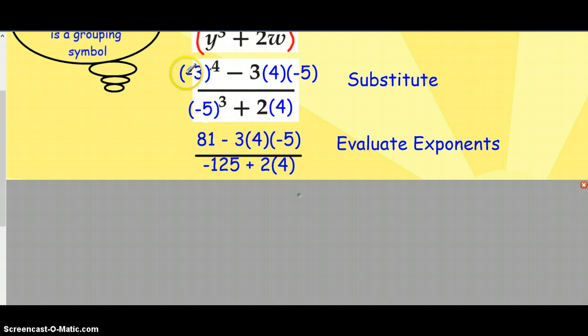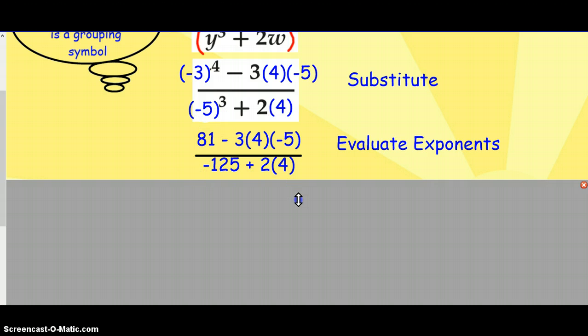Let me mention that if you have a negative number to a power, you must put that negative number in parentheses before you raise it to the 4th power. We will get to that in another section as well. We'll review that. So anyway, -3 to the 4th power is 81, -5 to the 3rd power is -125.